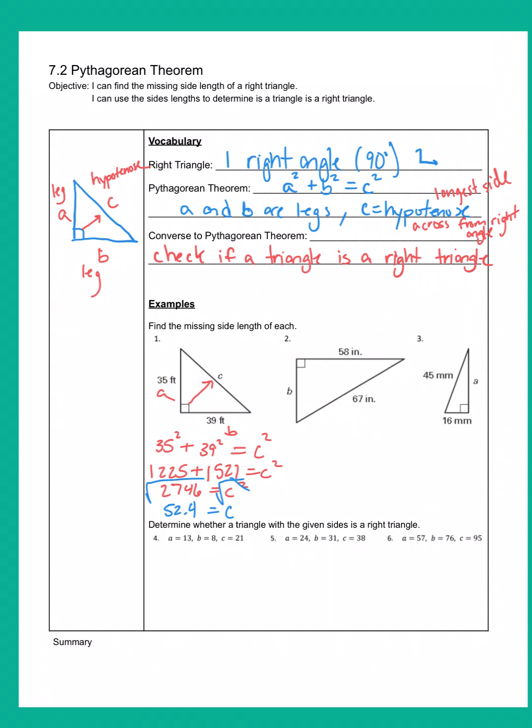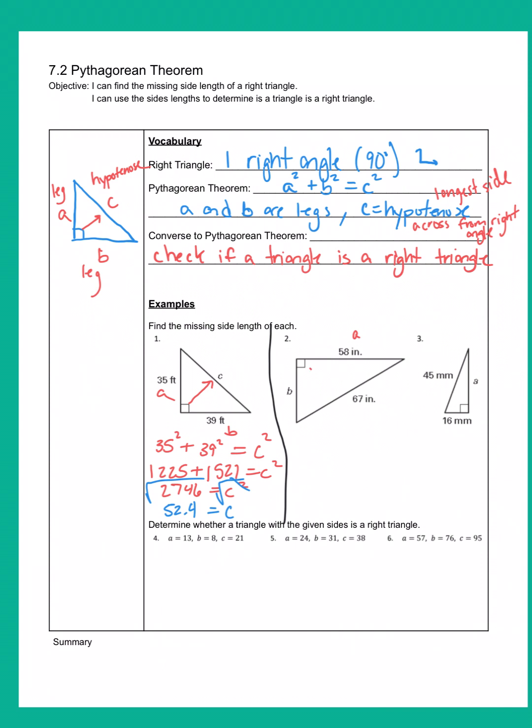And then we're going to repeat for the next one. Okay, so for number 2, a squared. Well, I don't have an a this time because here's my b, so this has to be b. That means the other leg has to be the a.